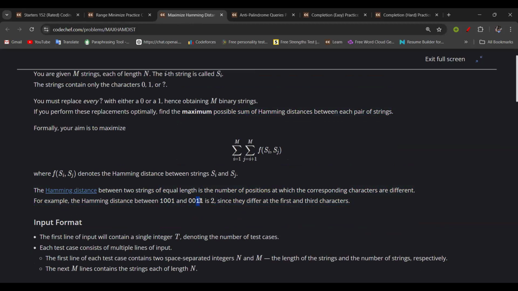This 0 and 1 are different, so plus 1. This 1 and 1 are the same, so won't be counted. So there are two positions where the two strings have different characters. So the Hamming distance between these two binary strings is 2, since they differ at the first and third characters. This is the definition for Hamming distance between any two binary strings.